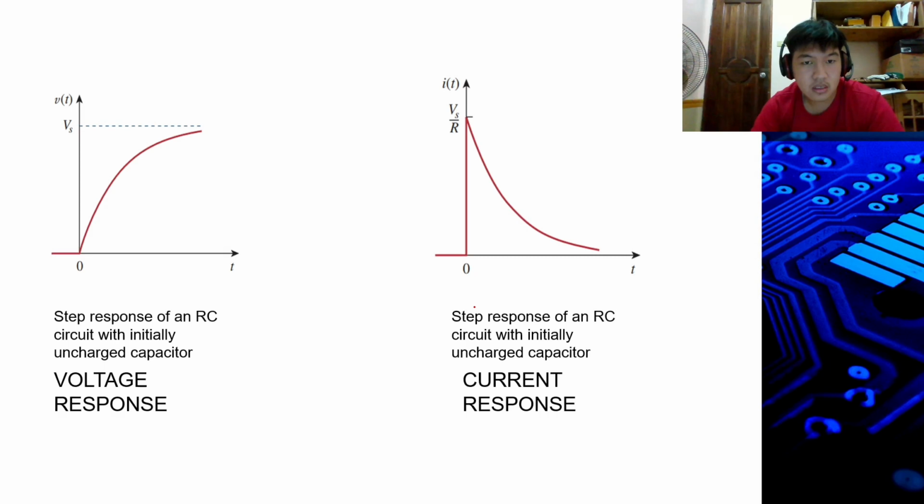So next, step response of an RC circuit with initially uncharged capacitor. So sa voltage response, initially uncharged, so wala siya voltage. When time is less than 0, which is dire siya mag-start.